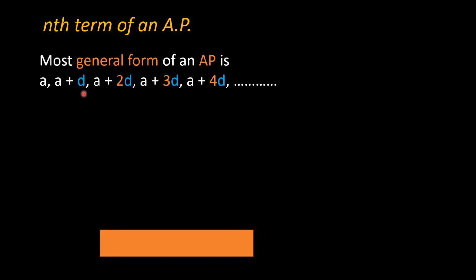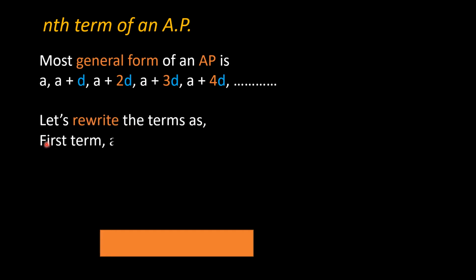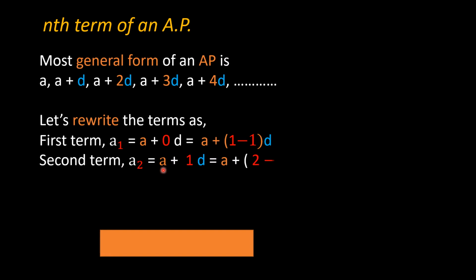Now, in order to get the nth term of the AP, we will rewrite all these terms in a different manner. The first term we write as a1 equals a plus 0 times d, where the 0 we will write as 1 minus 1. The second term a2 we write as a plus 1d, and this one we will write as 2 minus 1.